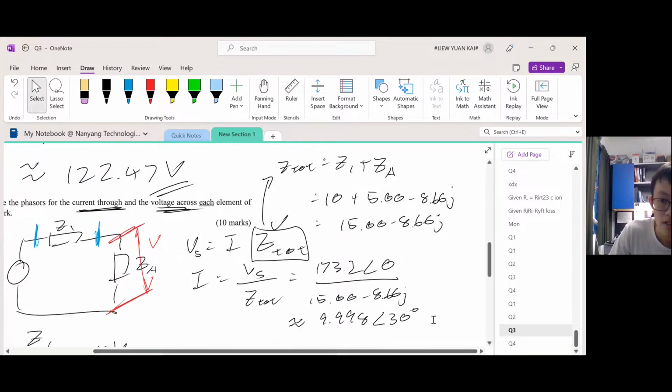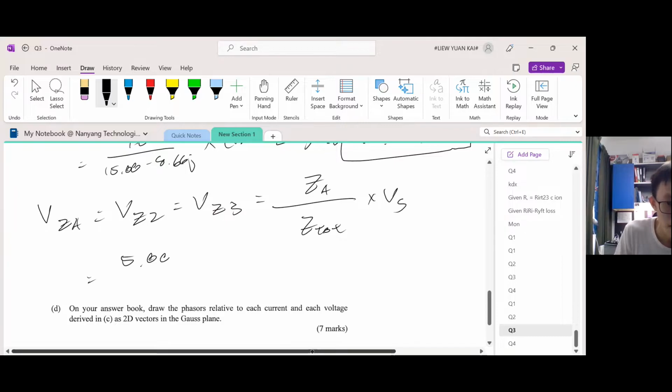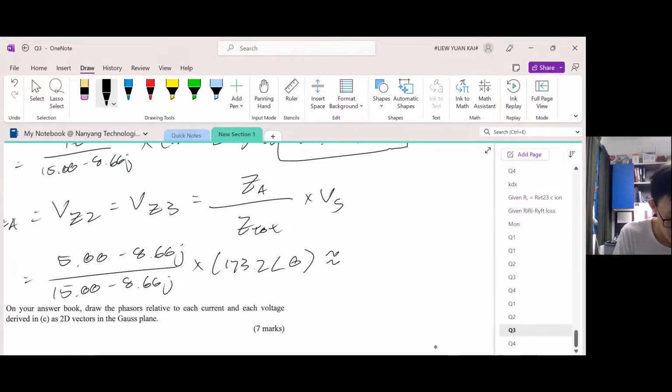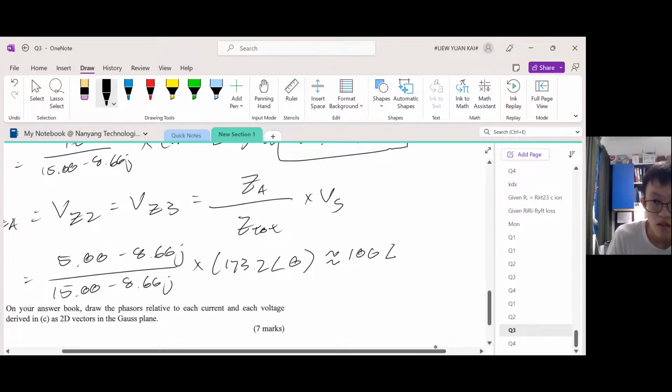ZA is what? And what's VS? So this is the answer for the voltage across both Z2 and Z3.